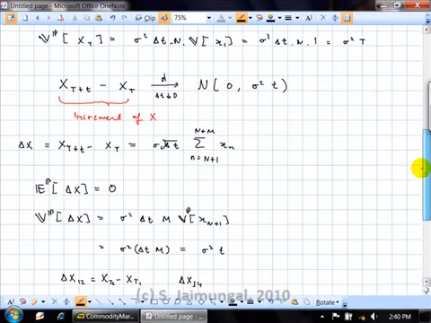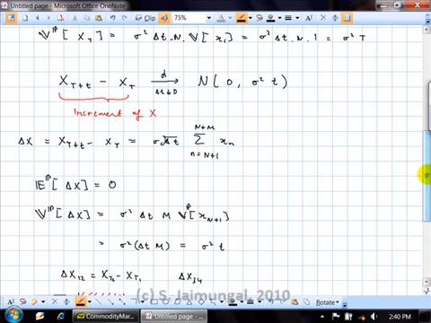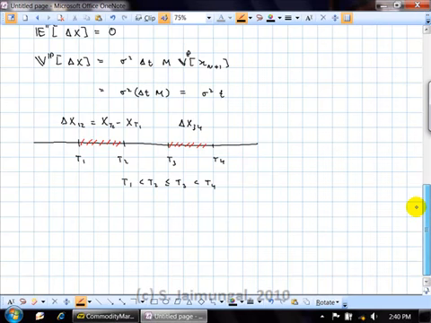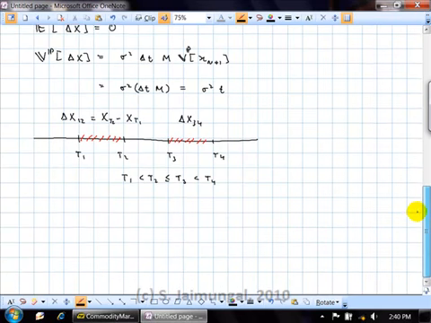It's given by what we just did here. It will be normal, its mean will be 0, and its variance will be sigma squared times t2 minus t1. Agreed? We've actually just proven that result. And delta x34 would also be normal with mean 0 and variance sigma squared times t4 minus t3.